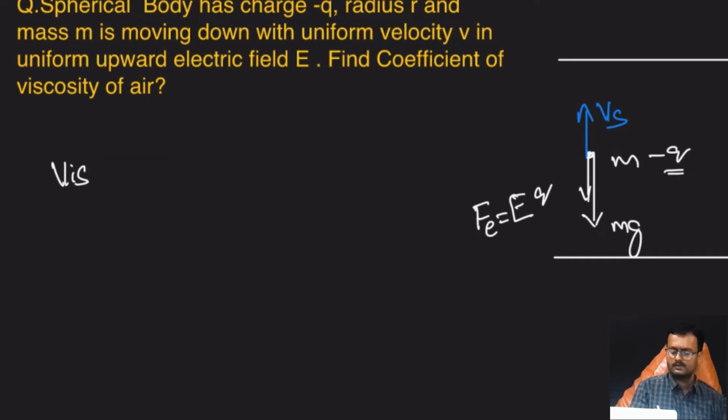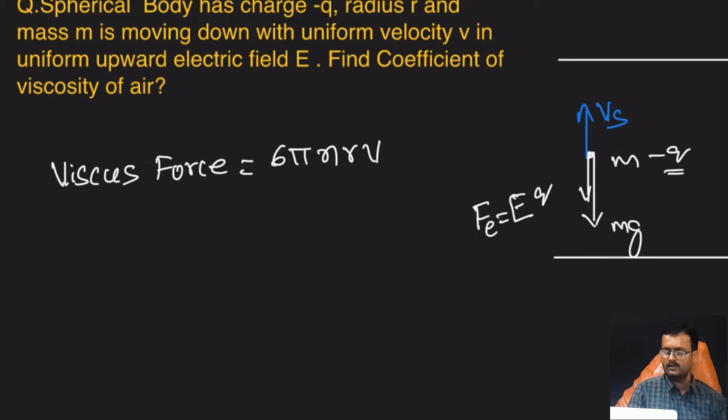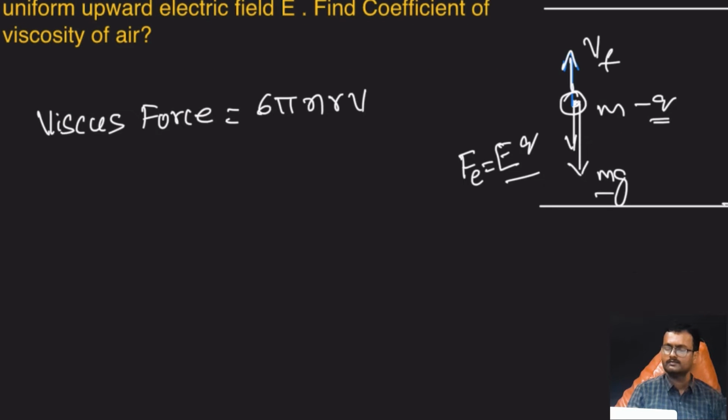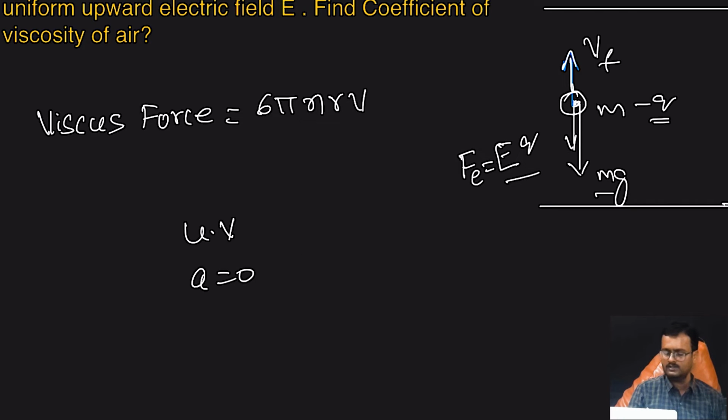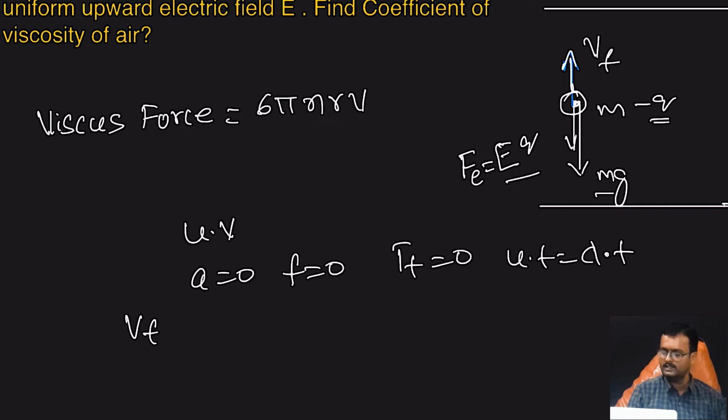Viscous force formula is 6 pi eta r v. The body is moving with uniform velocity, so acceleration is 0. When a is 0, force is also 0. So total force acting on the body is 0. That means upward force is equal to downward forces. So upward force is viscous force, and downward forces are gravitation force and electrostatic force.